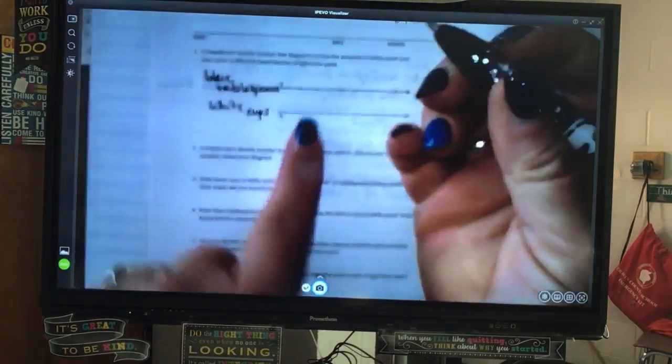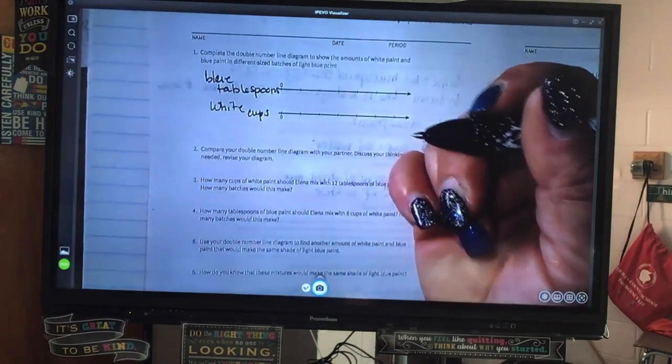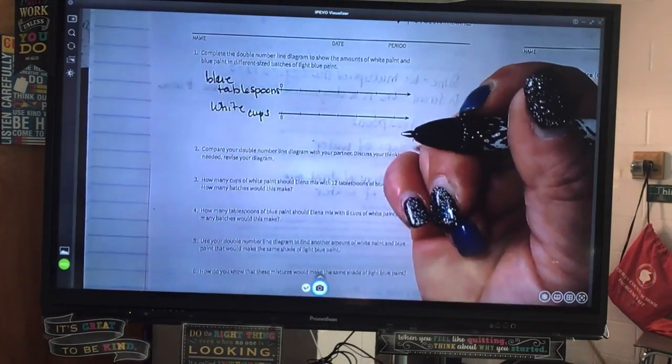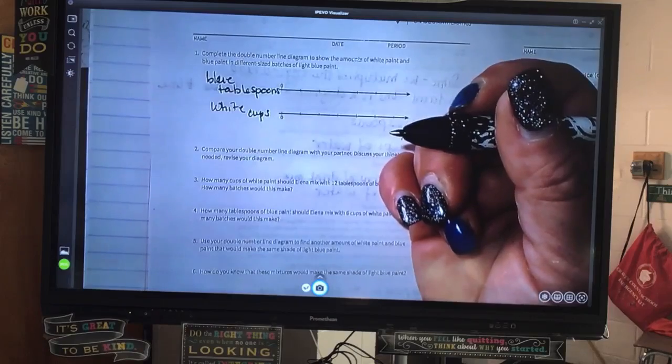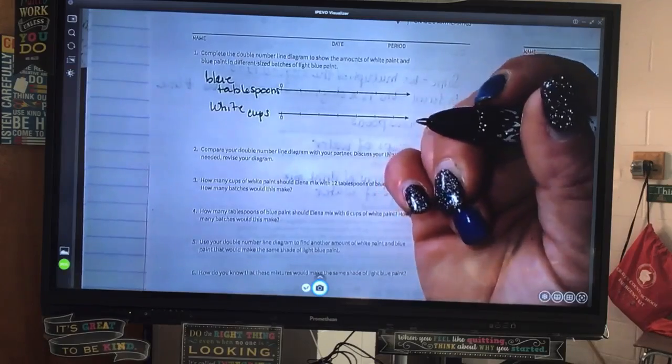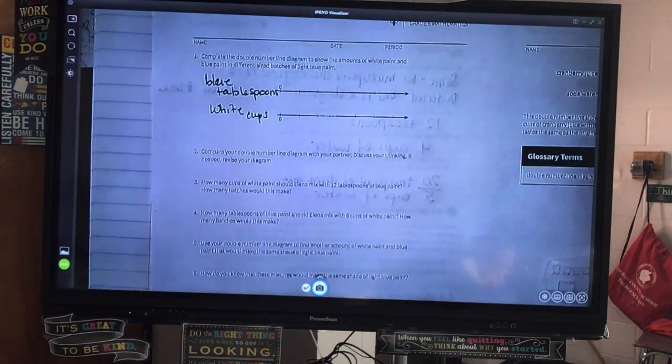Alright, so what is our original ratio for tablespoons? And we can start with the very simplified one, or we can start with the one that we originally talked about. Mikael. The top will be 3 and the bottom will be 2.